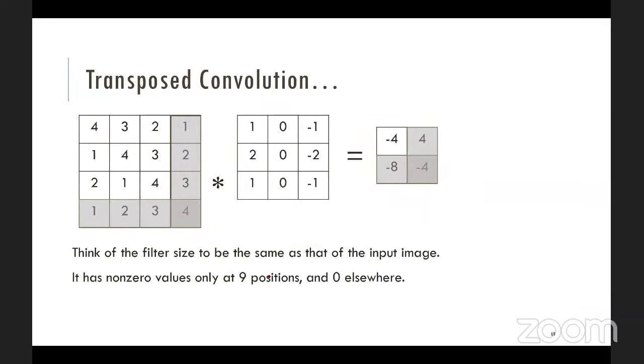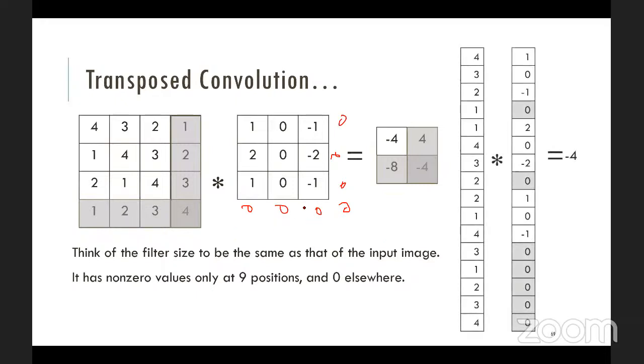Now let us think that our filter size is the same as that of the input image. Let us say my filter is also 4x4, because my picture is 4x4 here, and I say the remaining entries are all 0. So we have non-zero entries at the 9 positions only, and then we apply this convolution. See what is happening.